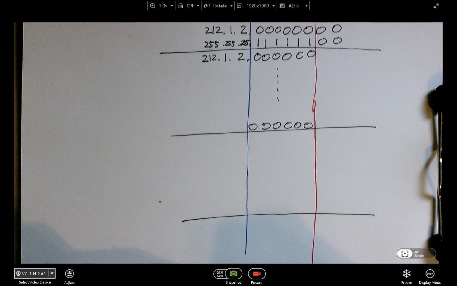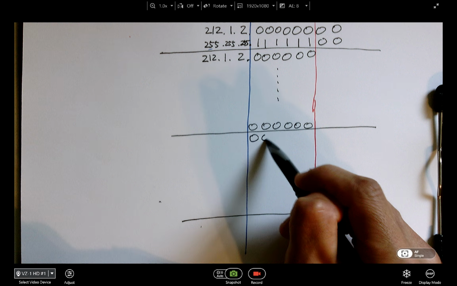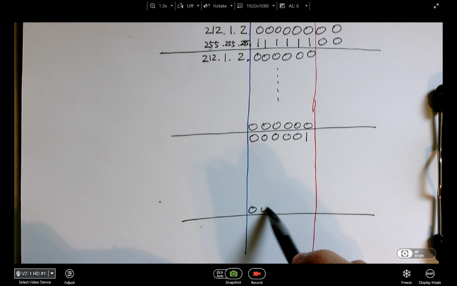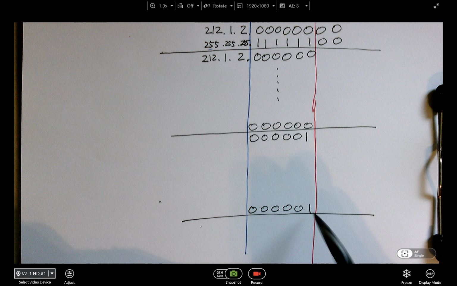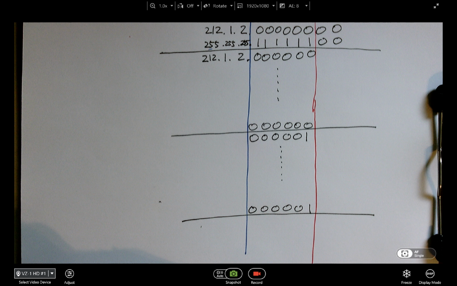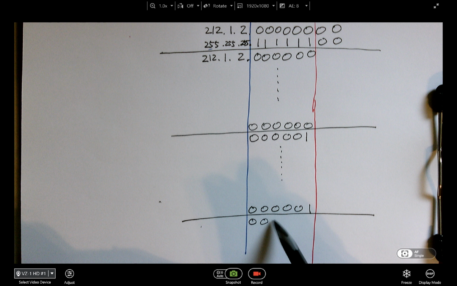And my second subnet is going to be 0, 0, 0, 0, 0, 1. Of course, this is all the same. And then my third subnet portion is going to be 0, 0, 0, 0, 1, 0. Then it's going to be the same.